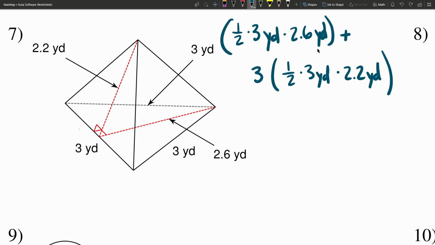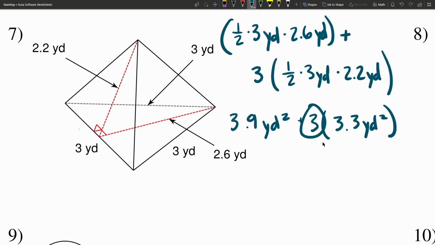Now we're going to multiply this out and sum it up. So for the area of our base, we have 1/2 times 3 times 2.6, which is going to be 3.9 yards squared. And again, that's the area of our base. We're going to add that to 3 times the area of our other side, which is going to be 3 times 2.2 times that 1/2, which is 3.3 yards squared.